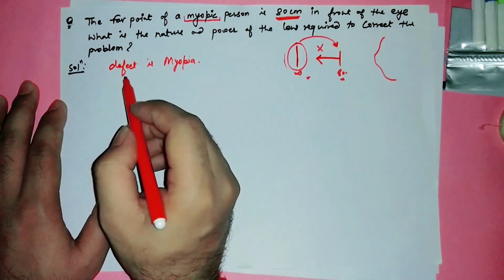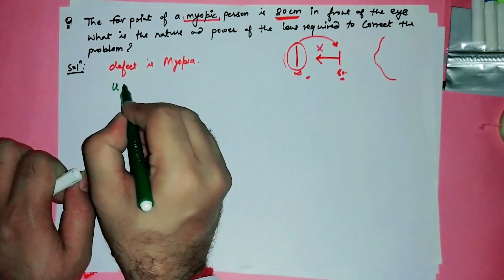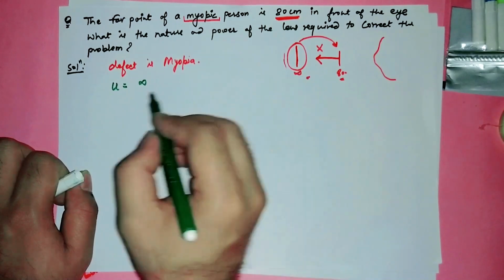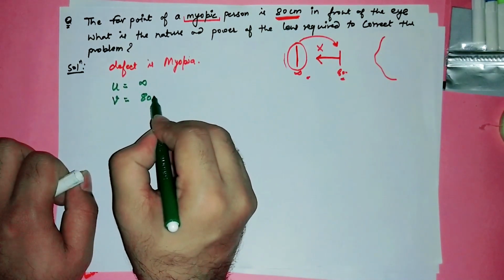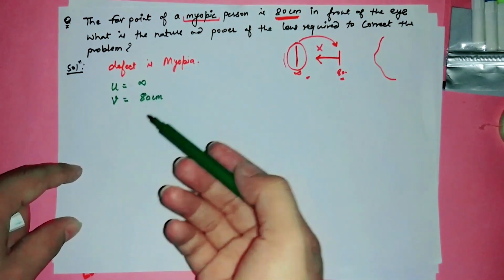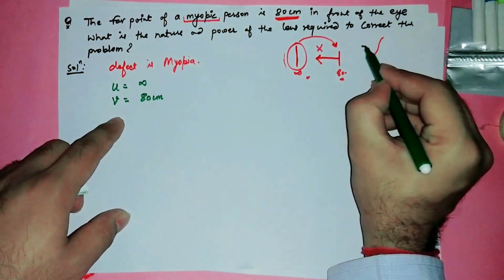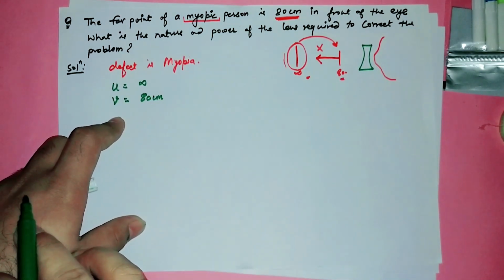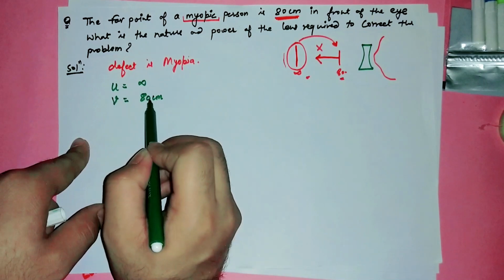So u, in this case, u is equals to infinity, means object is placed at infinity, its image we want to form at 80 centimeter. So what will be the focal length? First, to correct myopia we use a concave lens. So u is infinity, v is 80 centimeter.